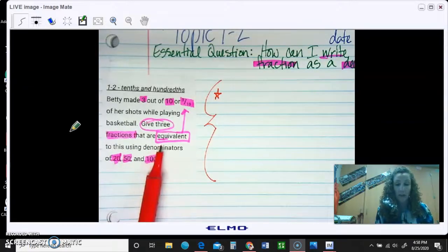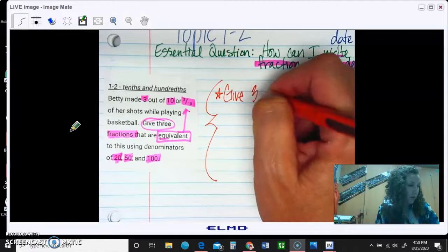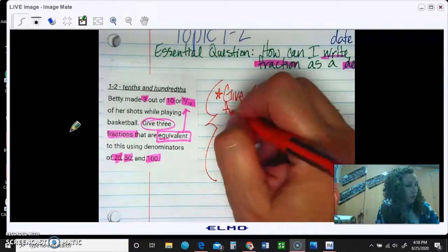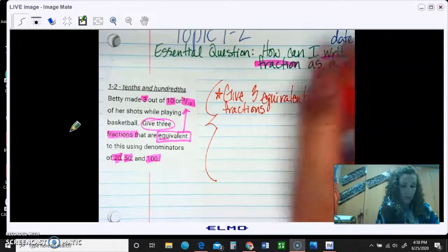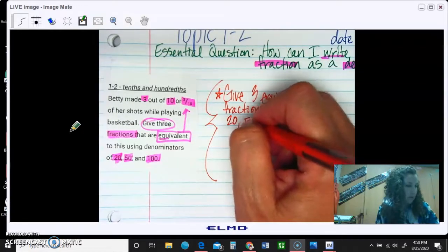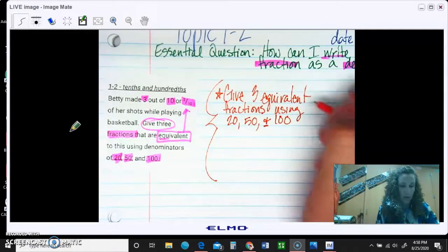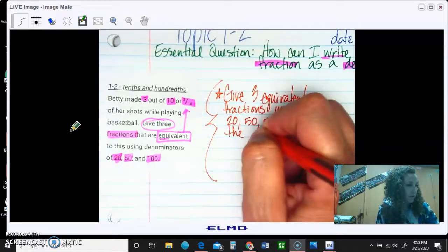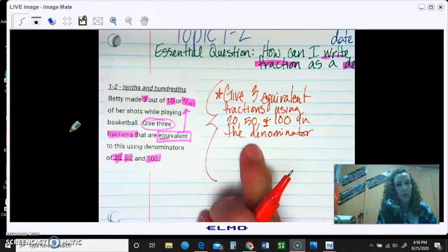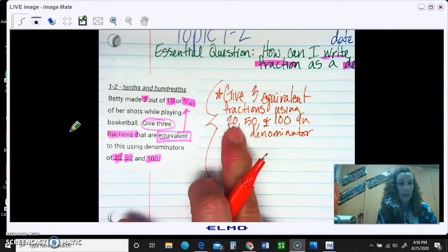Give 3 equivalent fractions using 20, 50, and, remember, and 100 in the denominator. Okay, so when we do the brace map, the very first thing that we write is the final thing that we're being asked to do.